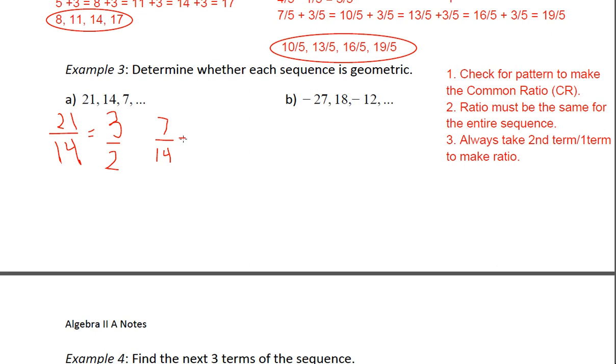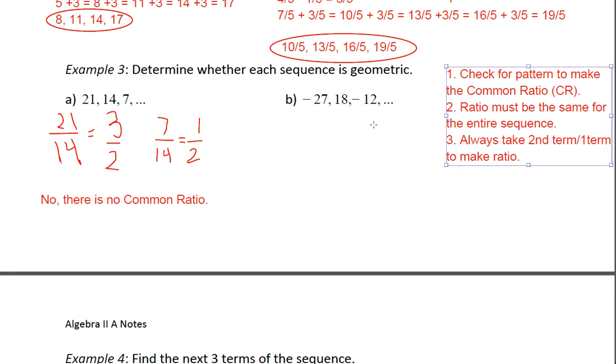What does that reduce to? 1 over 2. So we look here, we get the ratio of 3 halves and 1 half. We have checked the entire sequence. It has to be the same for the entire sequence, so the answer for this one is no, there is no common ratio. One was 3 halves and one is 1 half. So they're not the same.